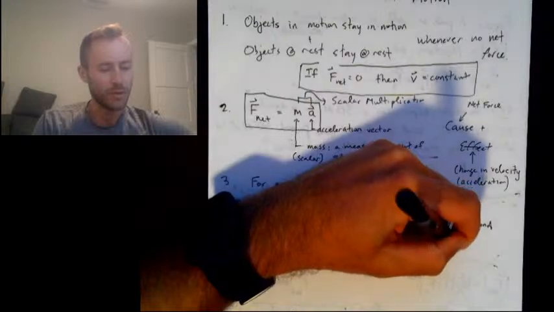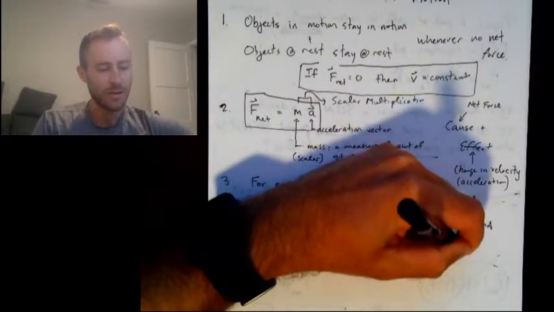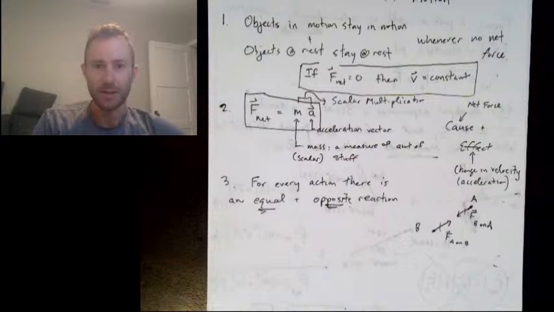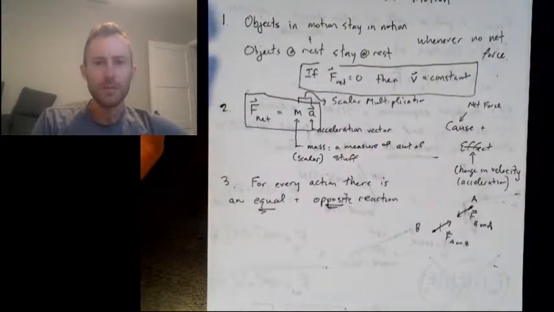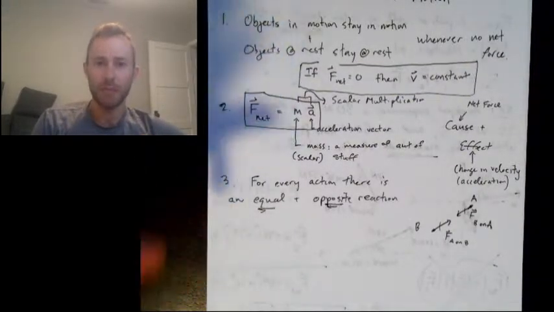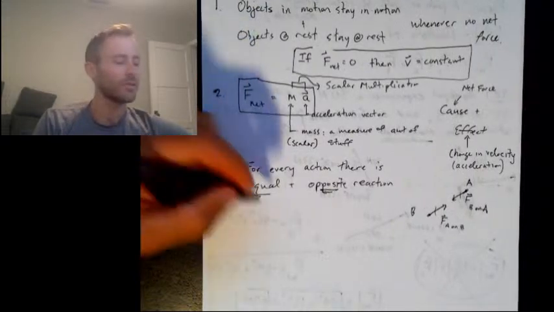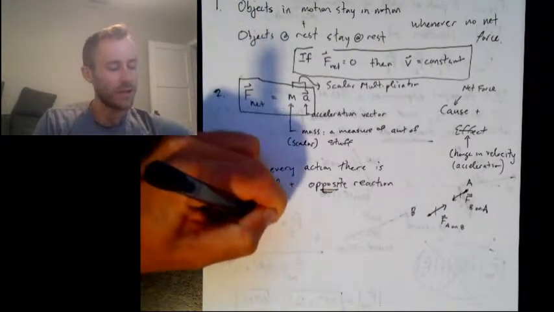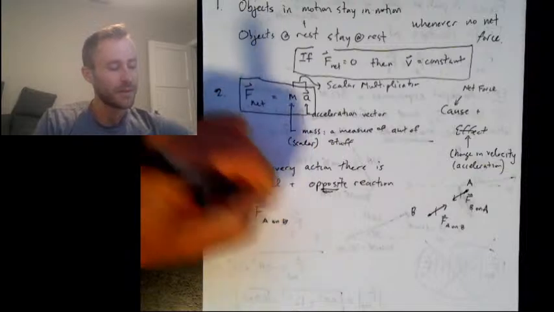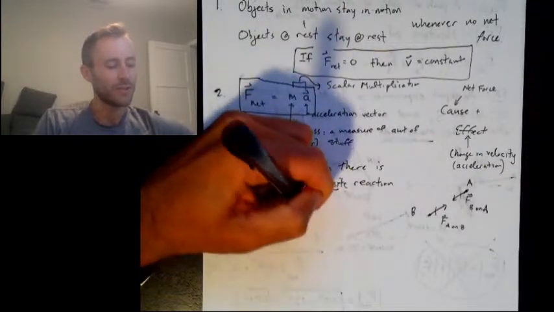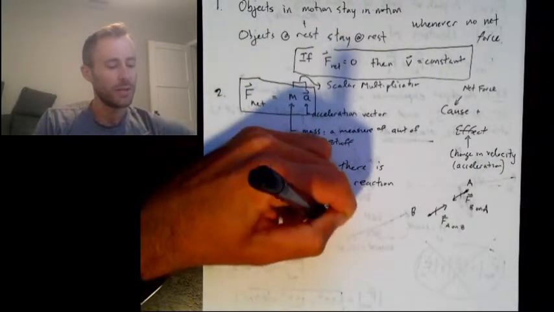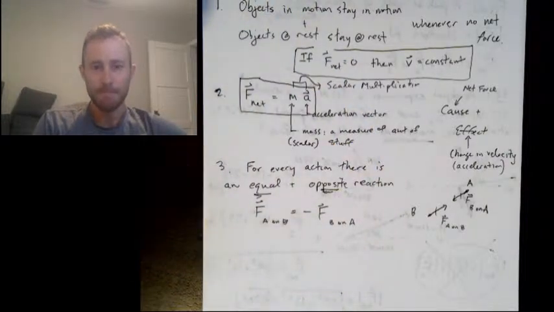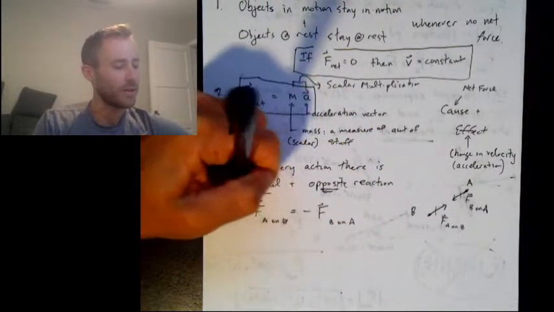So that would be the force of A on B. Okay. So kind of the super concise mathematical way of saying Newton's third law is to say that the force of A on B is equal to minus the force that B exerts on A. All right?